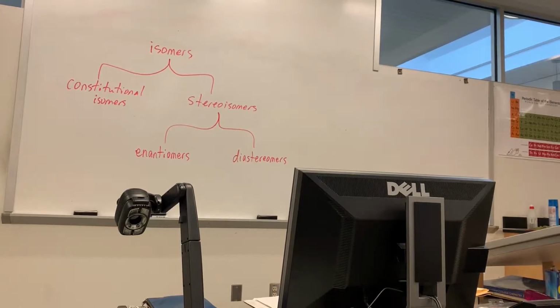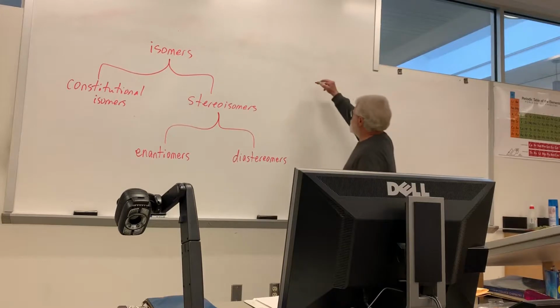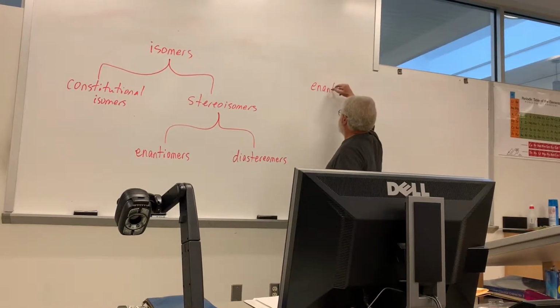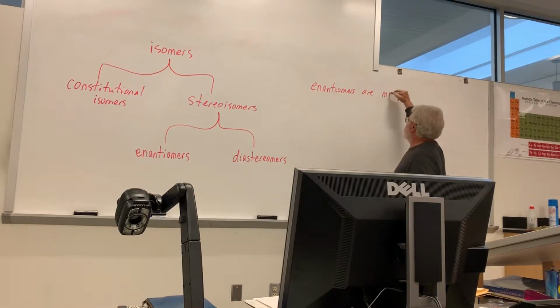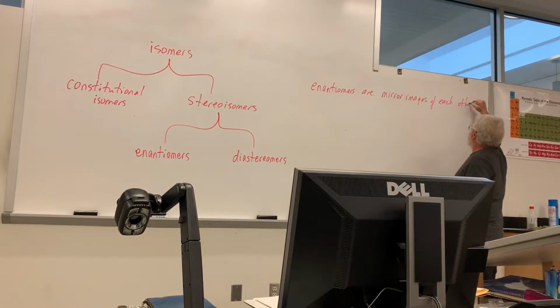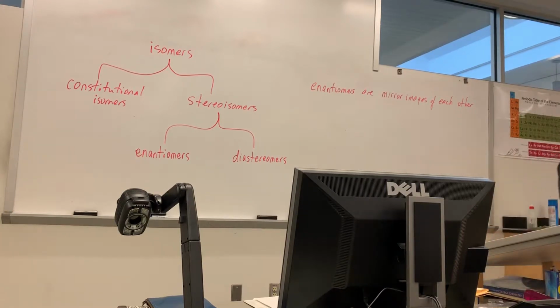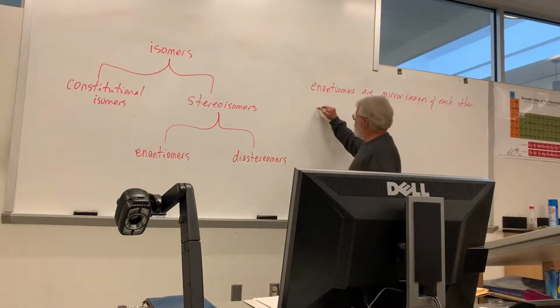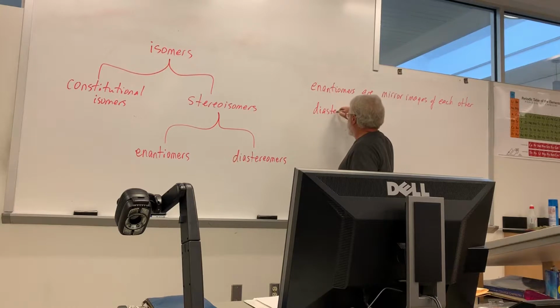Here's the difference. Enantiomers are mirror images of each other. Diastereomers are not.